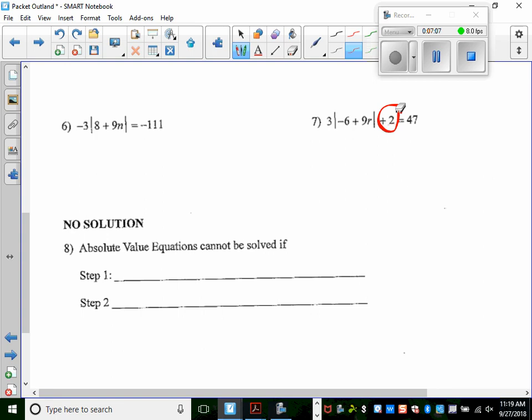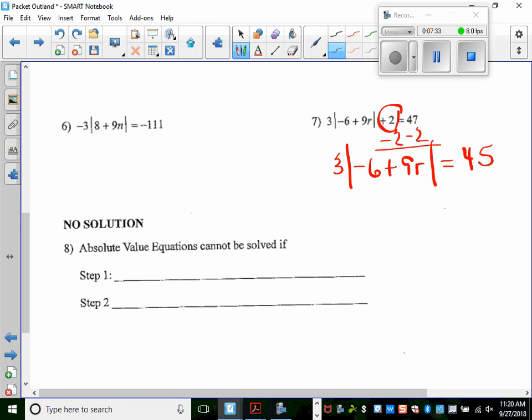So I need to subtract 2 first, and I'm going to bring down this 3, absolute value of negative 6 plus 9r equals 45. Any plus or minus, just like you normally would when solving a regular equation. You always do multiplication and division last, for the most part.